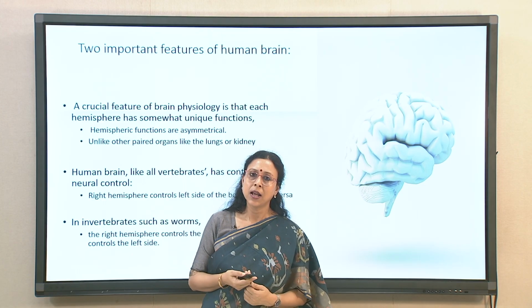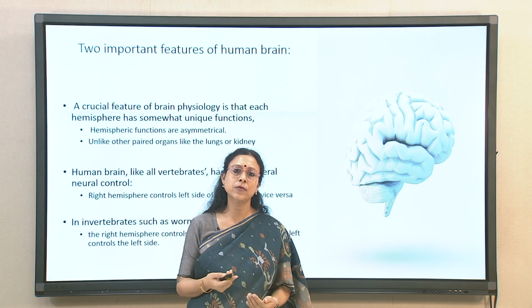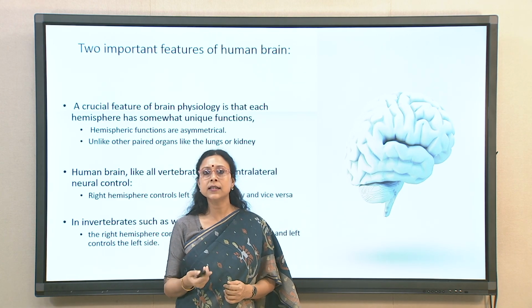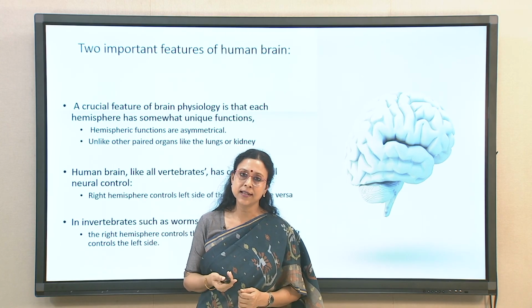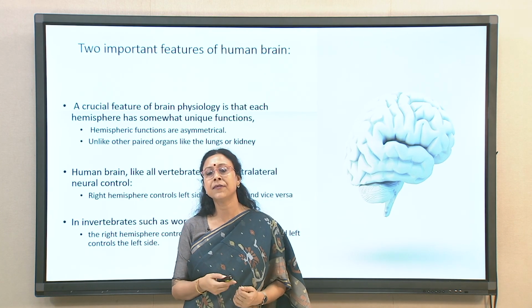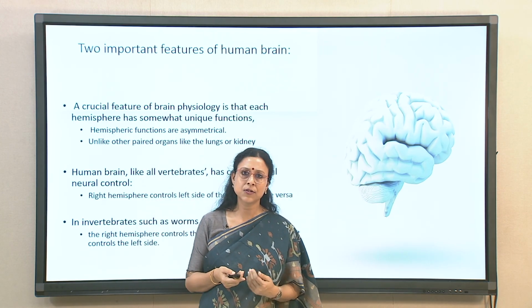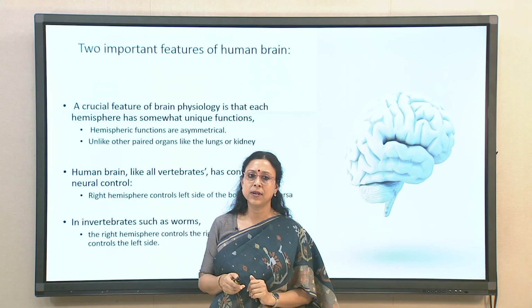That is why we call the functions asymmetrical, meaning the two hemispheres do two different things. There are some processes which have a counterpart in the other hemisphere, but overall the broader picture is that they are asymmetrical.